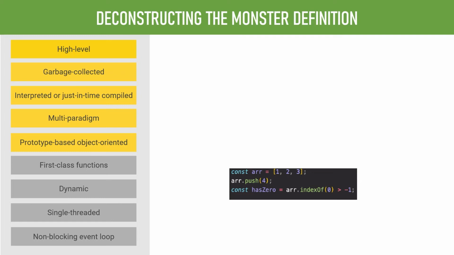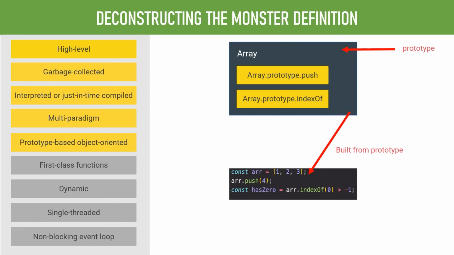Basically, we create arrays from an array blueprint, which is like a template, and this is called the prototype. This prototype contains all the array methods, and the arrays that we create in our code then inherit the methods from the blueprint so we can use them on the arrays.